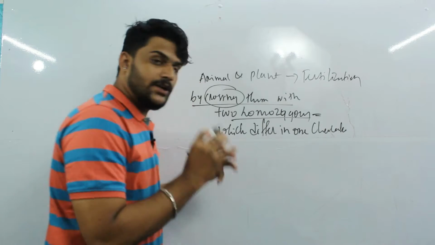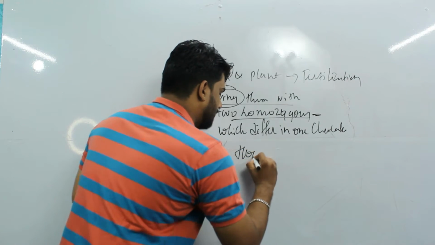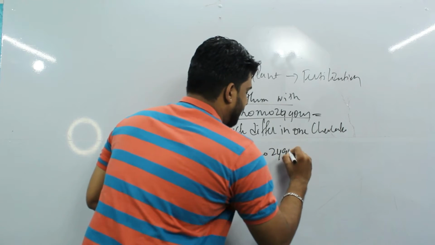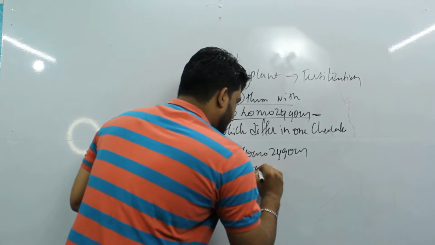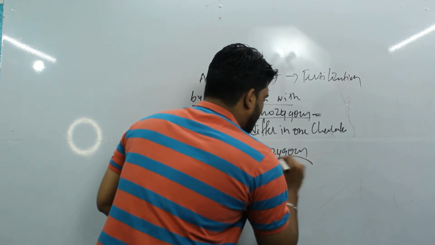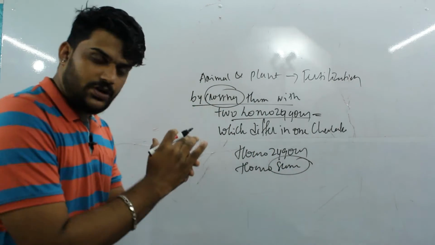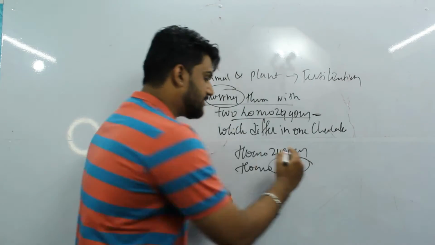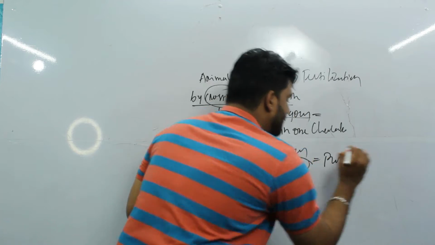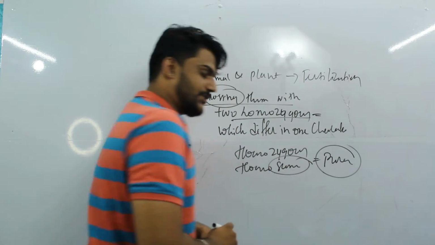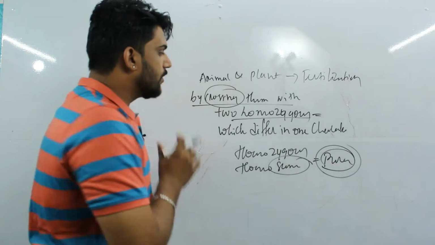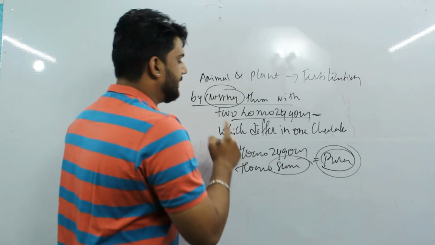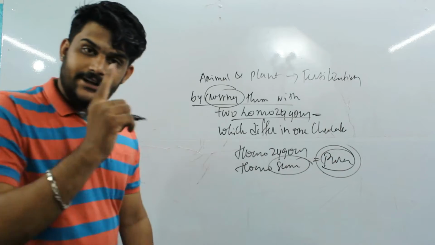What is meant by homozygous? There are two words: one is homo, which means same. We have to cross two same individuals which are very pure in their characters, and which differ in one character.